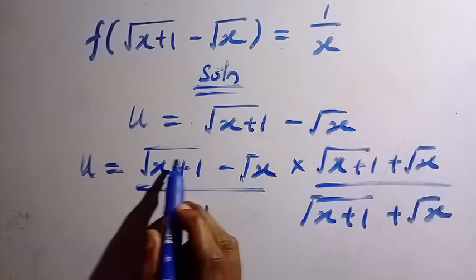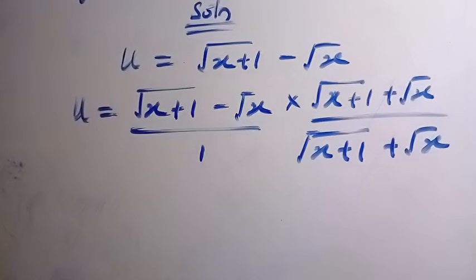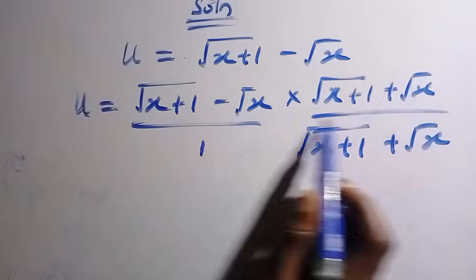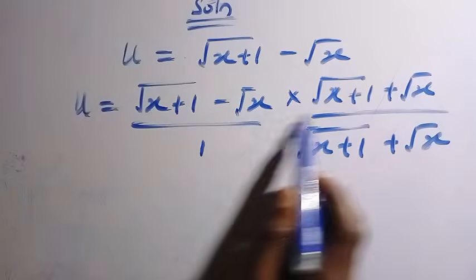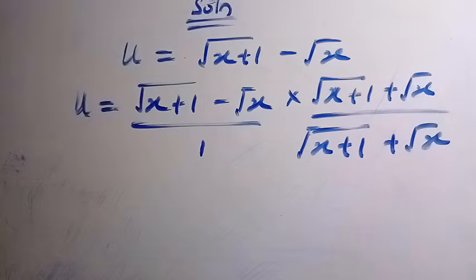Looking at this numerator, we have a difference of two squares. This is the same thing with this. What differentiates them is the sign. One is positive and one is negative.